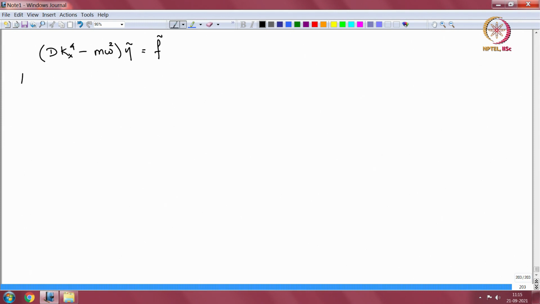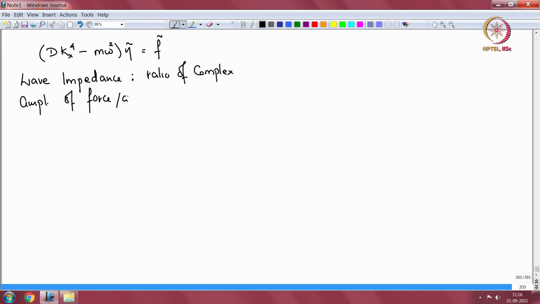Now we define a wave impedance. It is the ratio of complex amplitudes of force per unit area and complex velocity amplitude.